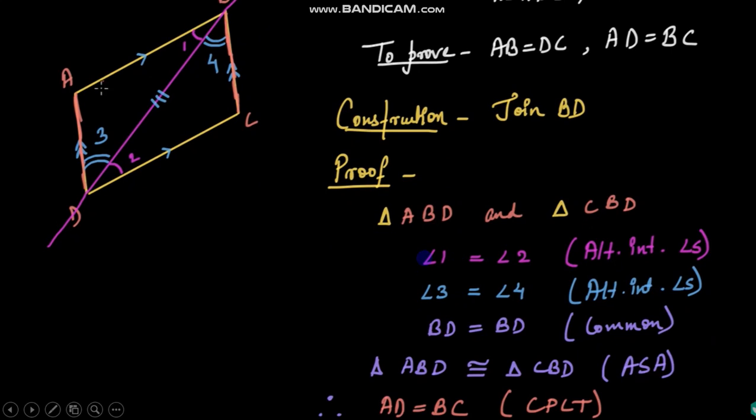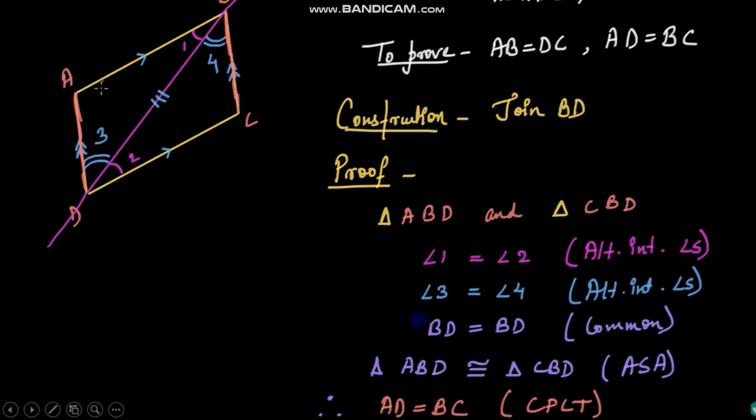Then DB is equal to DB, because DB is a common side of triangle ABD and triangle CBD.